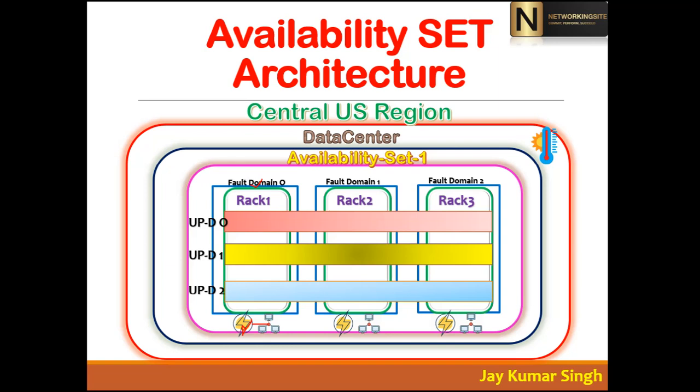Fault domains are used for hardware failure protection, and update domains are used to protect your VMs or servers from maintenance and restarts. Maintenance means Microsoft wants to update something or put in some patches, so Microsoft will restart or update the servers.